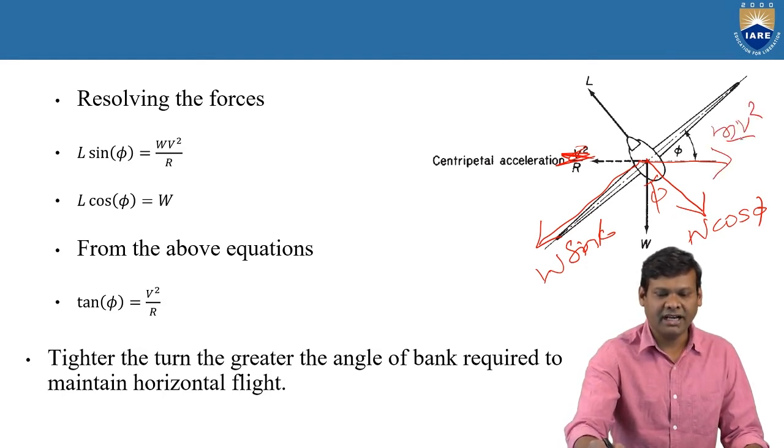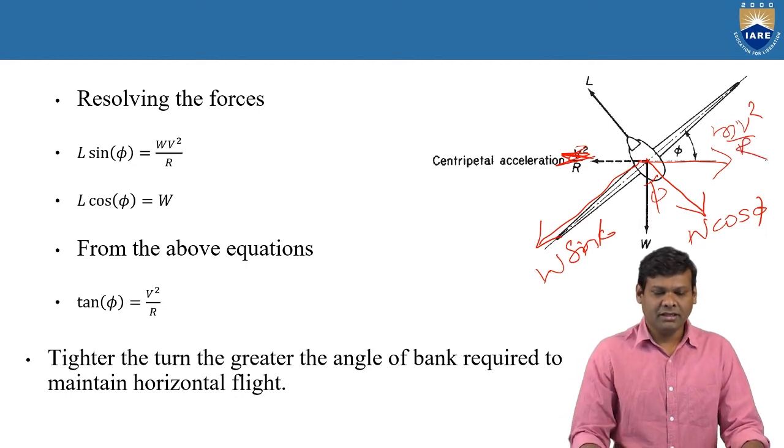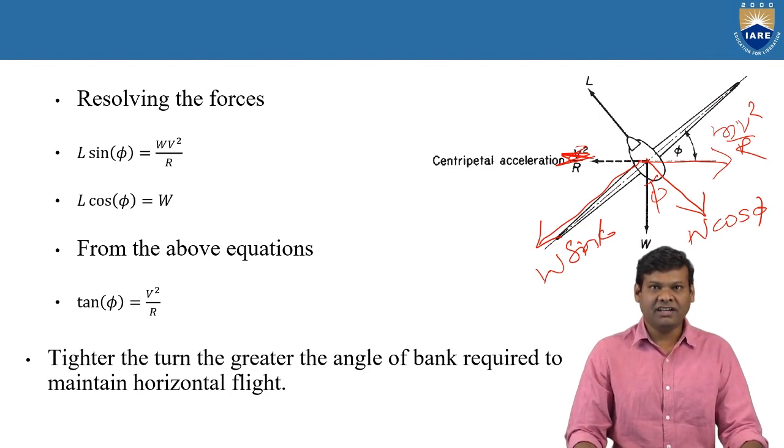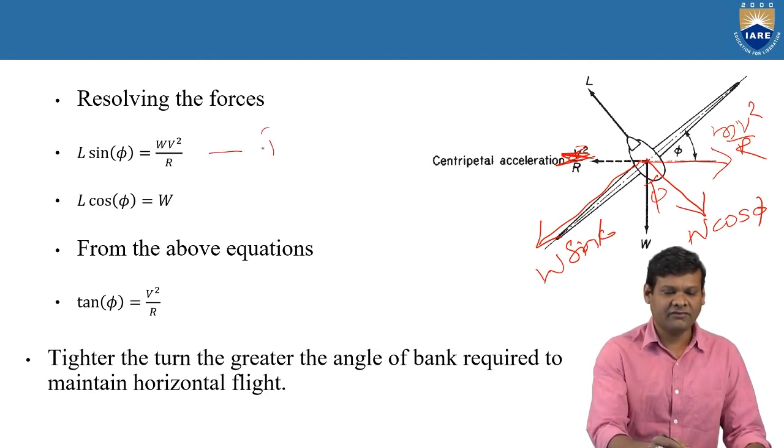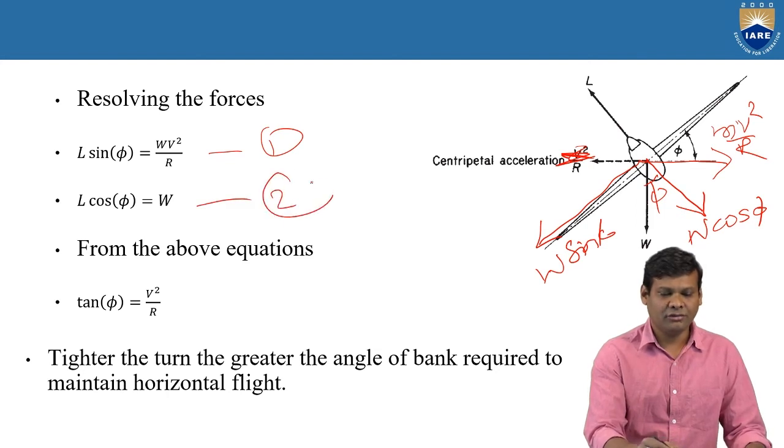This is m V square by r. Finally, what we get is that L sin phi, the horizontal component of lift, is balanced by the centripetal force m V square by r, and the vertical component, L cos phi, is equal to W. Let us say these are equation 1 and equation 2.